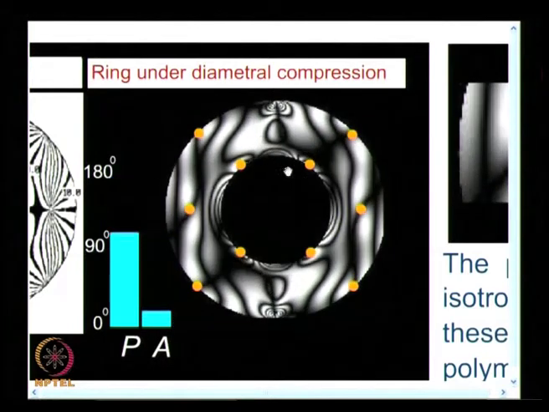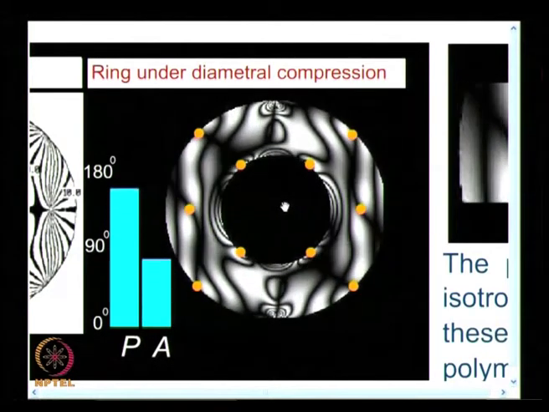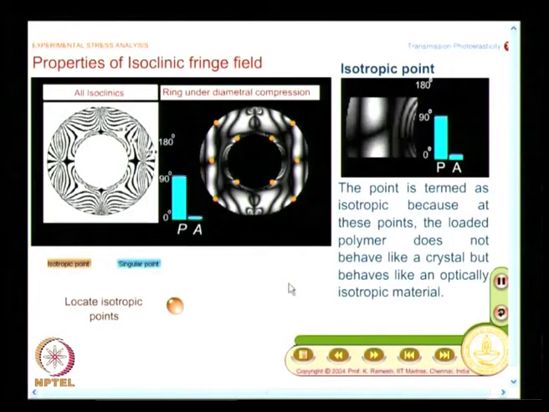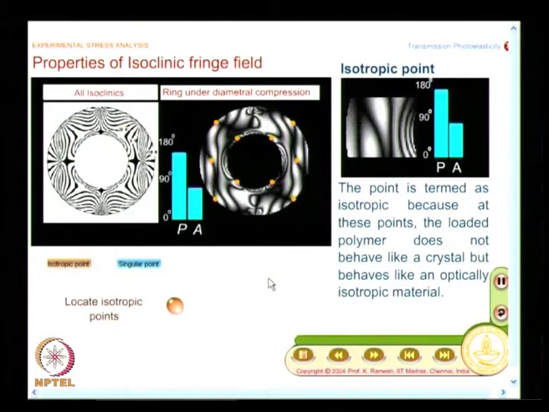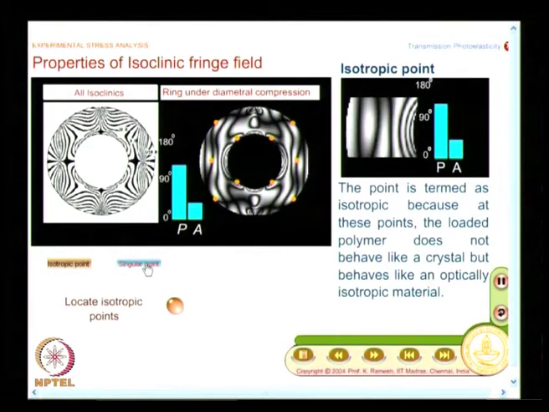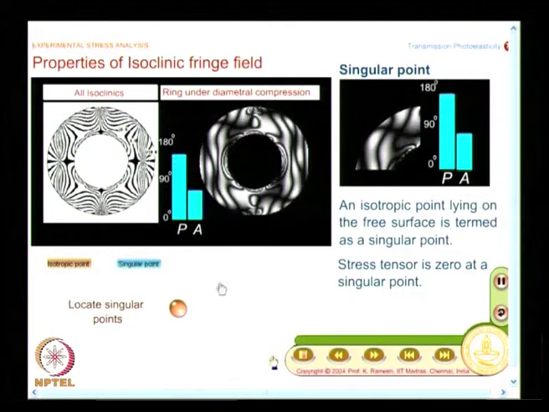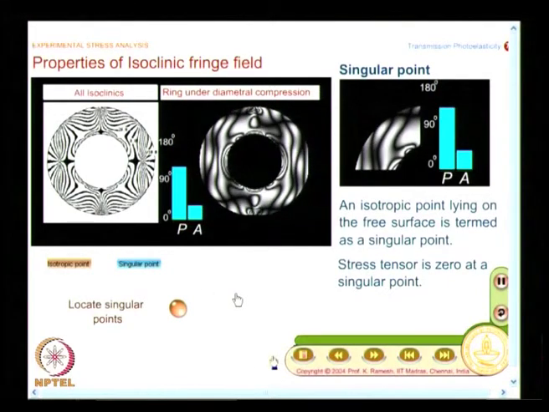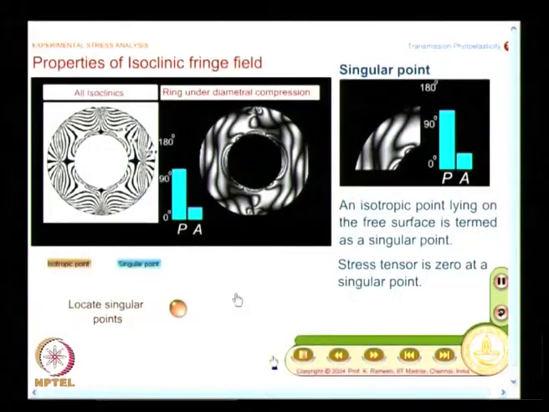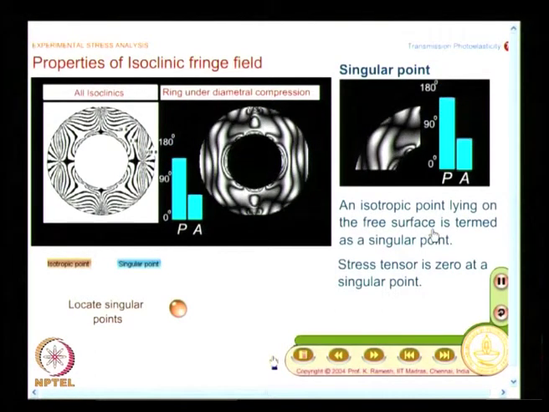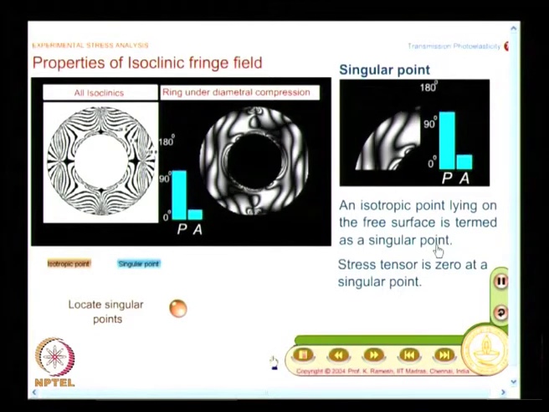And so, I have 10 isotropic points identified, and we also sub classify. What you look at here is when I have an isotropic point lying on the boundary, I will label it by another name. I will call it a singular point. So, what we say is an isotropic point lying on the free surface is termed as a singular point.